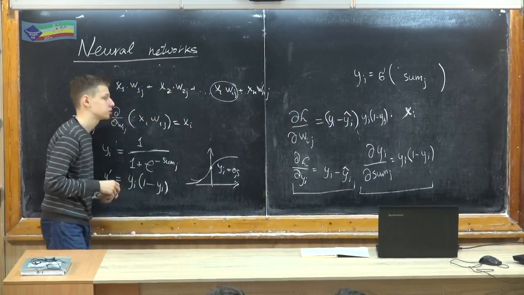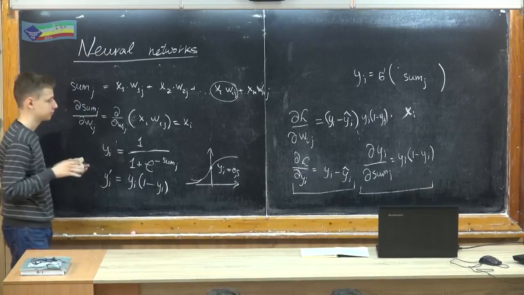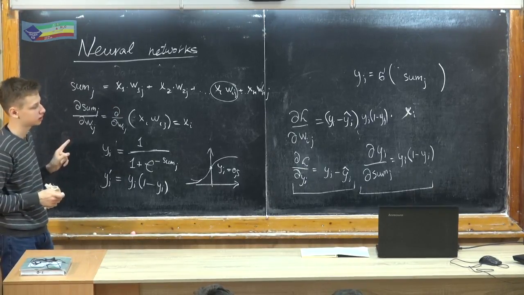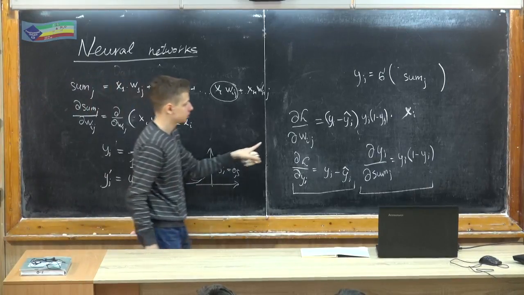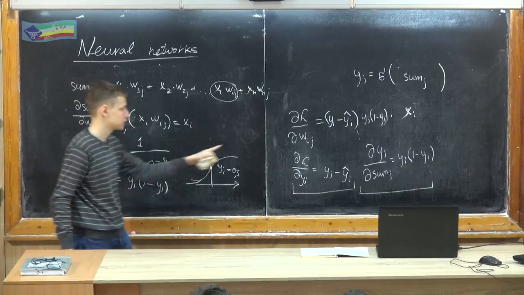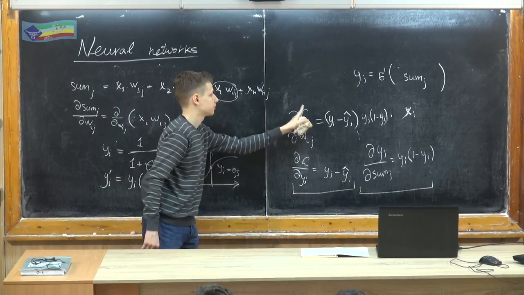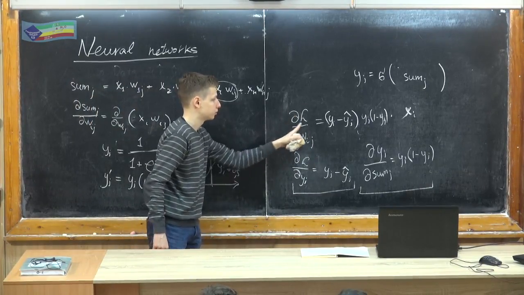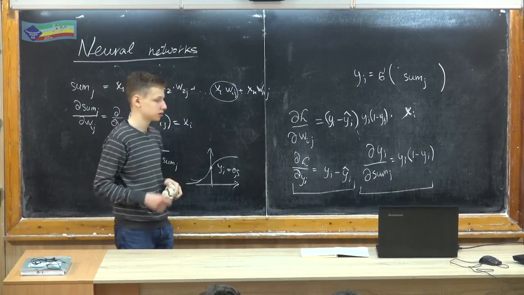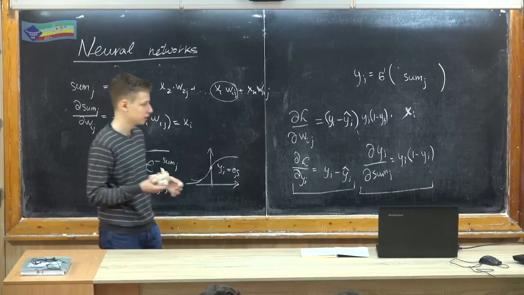And that's it. So if we have a neural network with 2 layers without a hidden layer, then we can assign some random values to the weights, and then we can calculate the partial derivative of the loss with respect to each weight, and then we can update each weight using gradient descent.